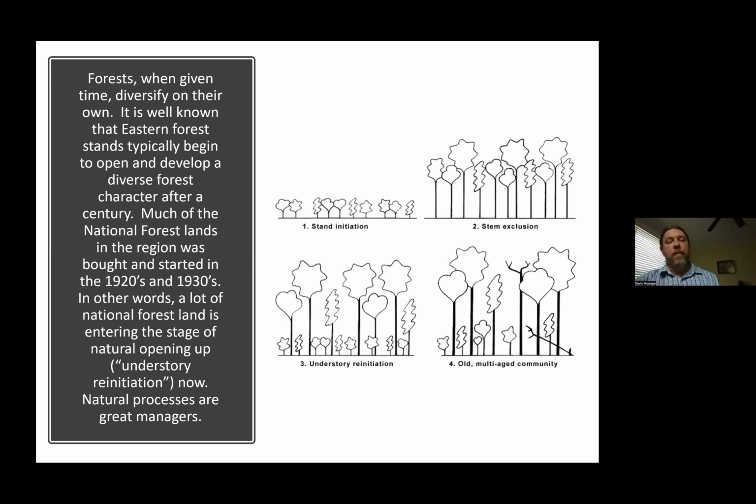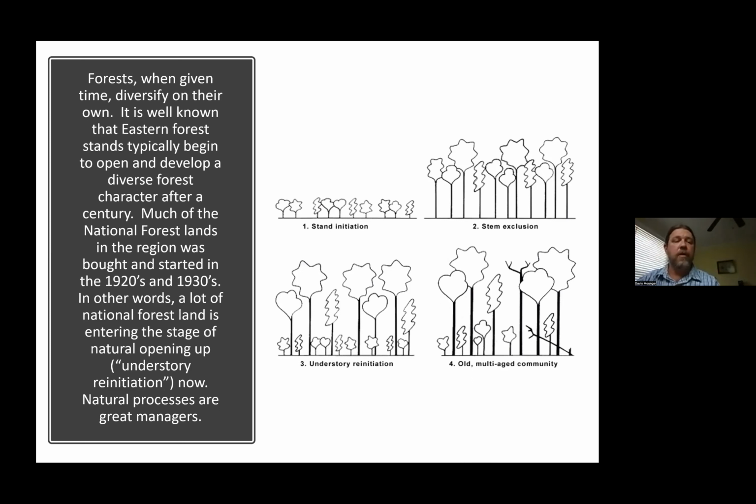A lot of these places, maybe not every acre, will diversify on their own. They will start opening up after about 100 to 110 years old and start diversifying, promoting forbs and more of the microhabitats we all know and love.